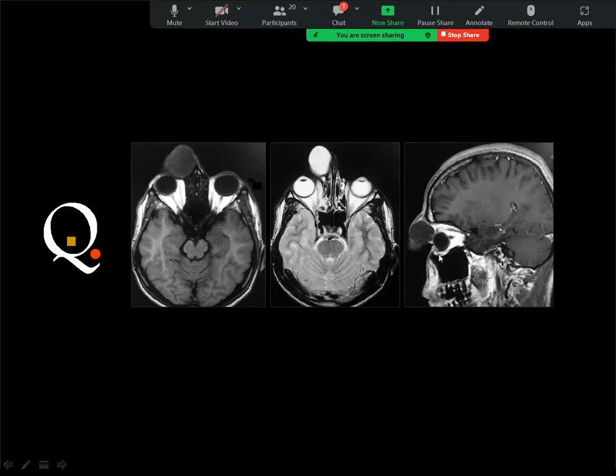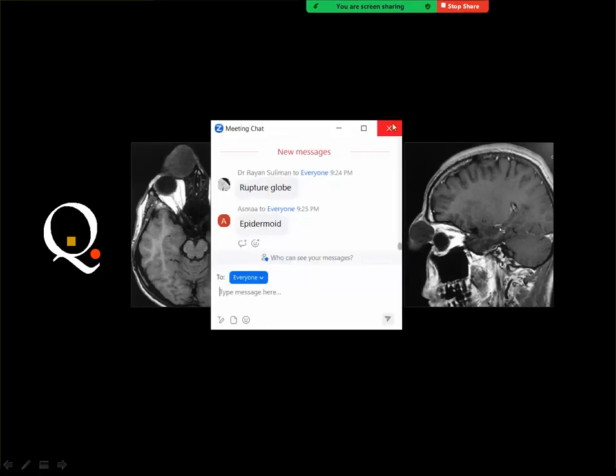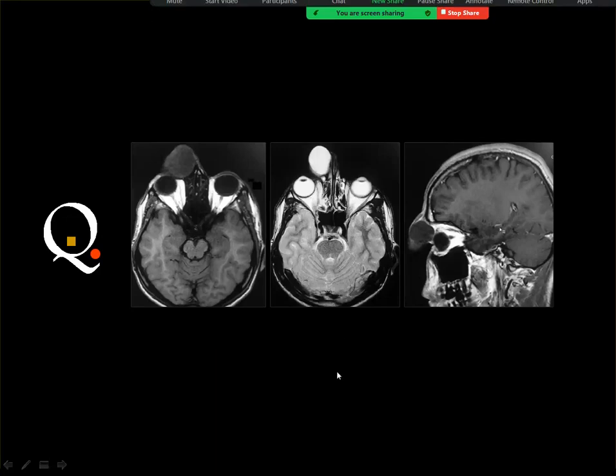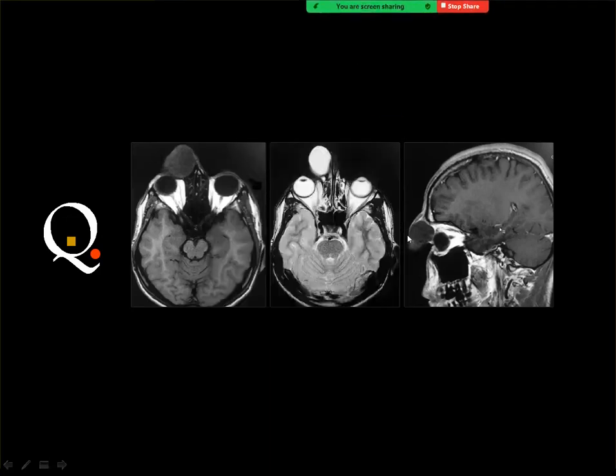And here is an MRI of the maxillofacial area. When you get a cystic lesion in this particular location containing fluid-like signal, it's a little bit higher than the vitreous humor. Then what do you think? Epidermoid. Okay. Another suggestion, dermoid.